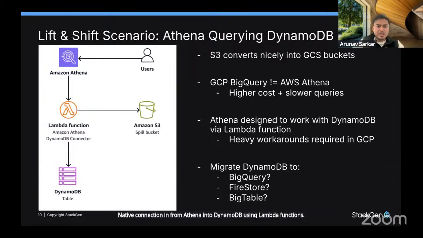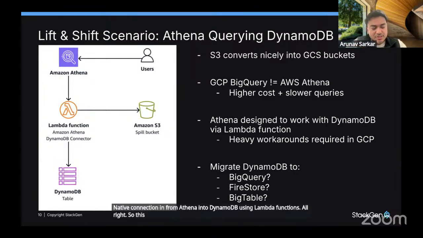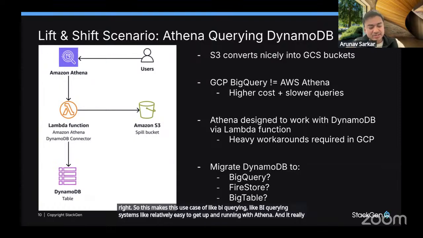All right, so this makes the use case of BI querying relatively easy to get up and running with Athena, and it stops you from having to set up complex ETL pipelines or data replication jobs to get that same job done.